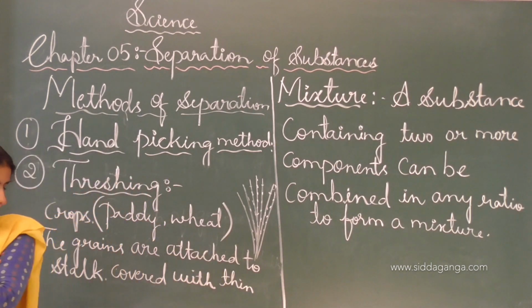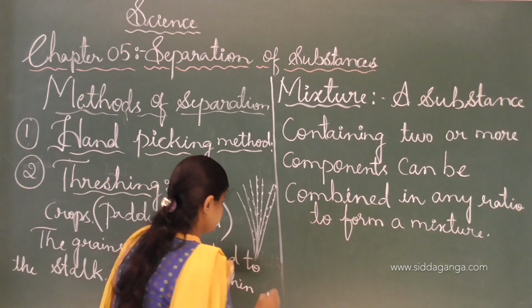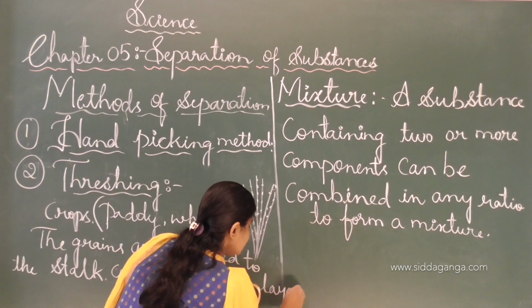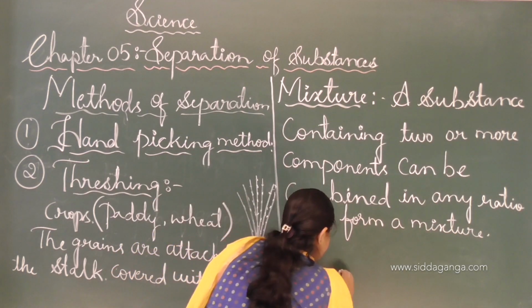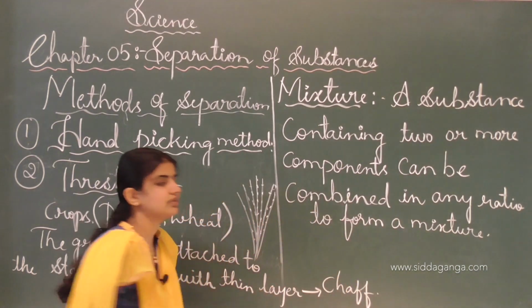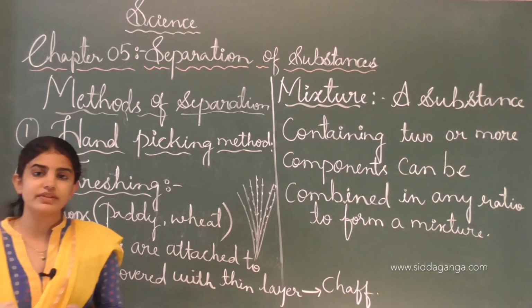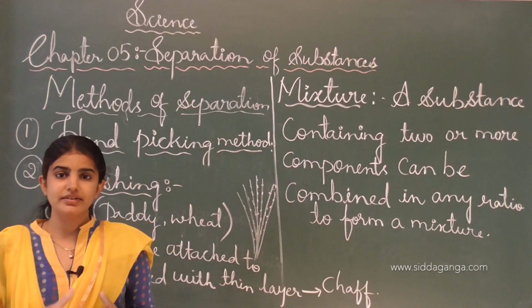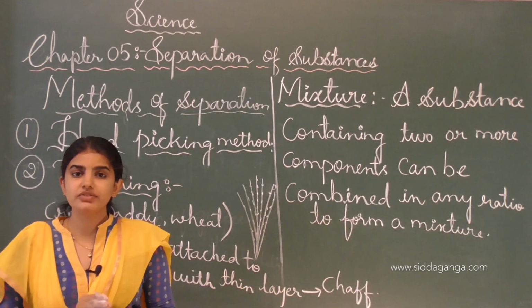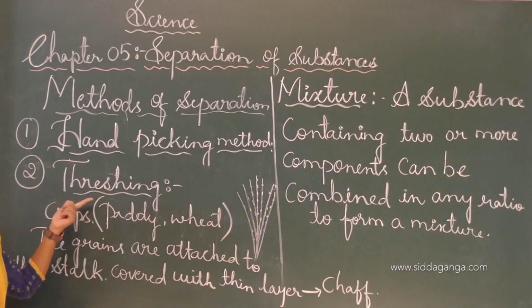This thin layer is nothing but the chaff. Chaff is also removed by this process, that is, the threshing process.